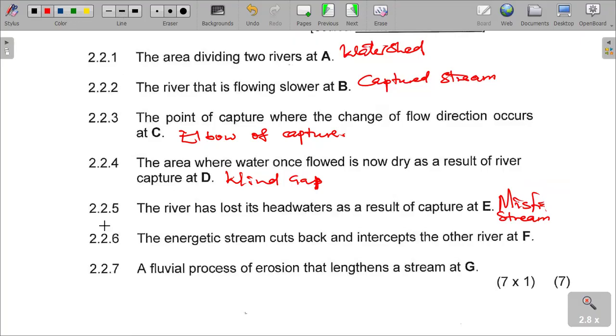It is the energetic stream that cuts back and intercepts the other river at F. That's what we call the captor stream. Captor or pirate stream.